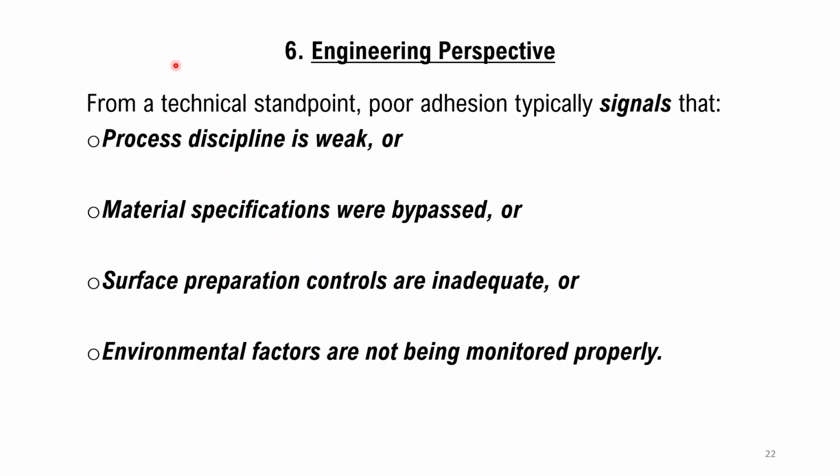Now we come to the engineering perspective. From a technical point of view, poor adhesion typically signals that process discipline is weak, or material specifications were bypassed, or surface preparation controls are inadequate, or environmental factors are not being monitored properly.